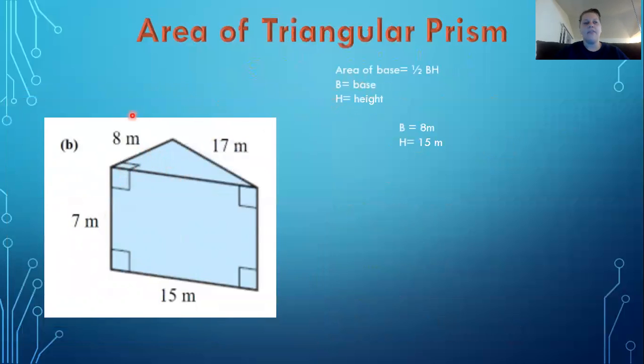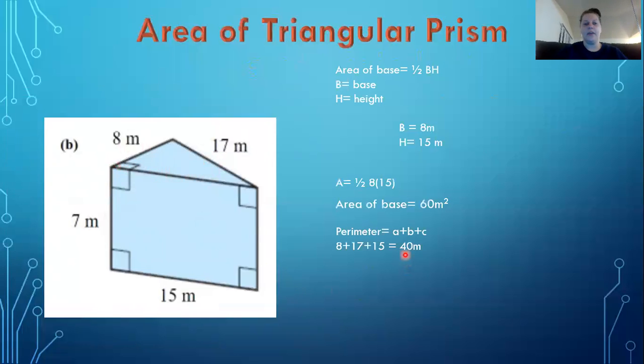If we're looking at it from the top and looking straight down at this triangle, we see this is a right triangle, and our height is always the side coming up from the base at the right angle. So when we plug that in, we get the area of the base as 60 meters squared. For the perimeter, again, we're going to do 8 plus 15 plus 17.